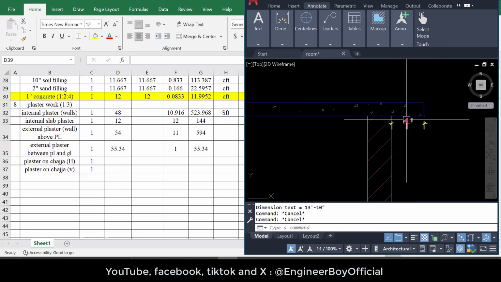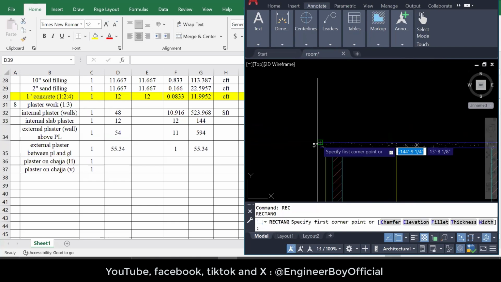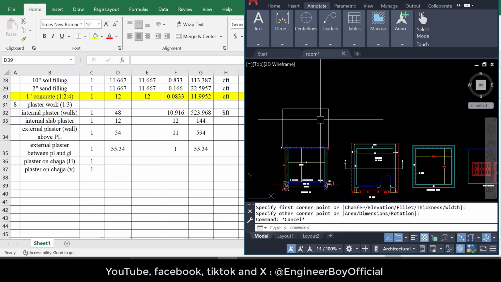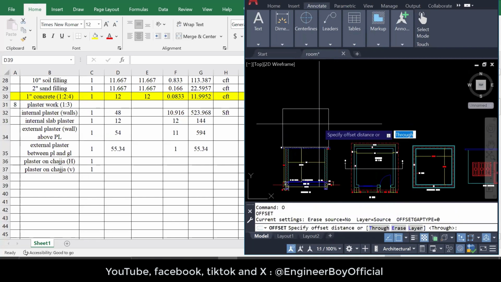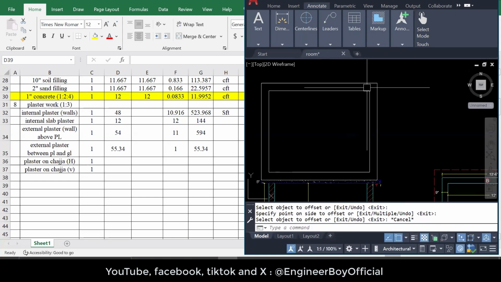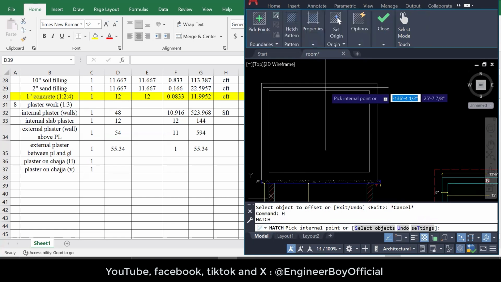Now if you see, it must look like the same thing as this one. Just a minute, okay? I can show you. If you look at the diagram, it should be the same thing as this one. So we have to plaster this shaded area. Let me just show you if you guys can see it.